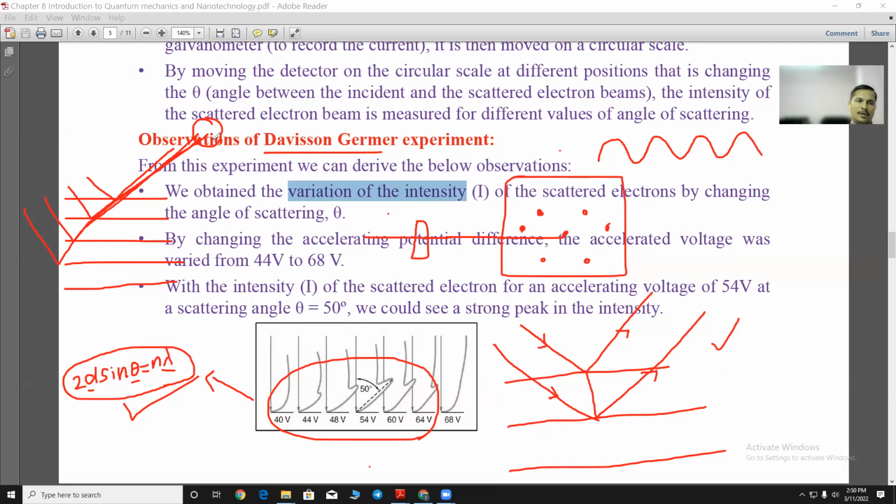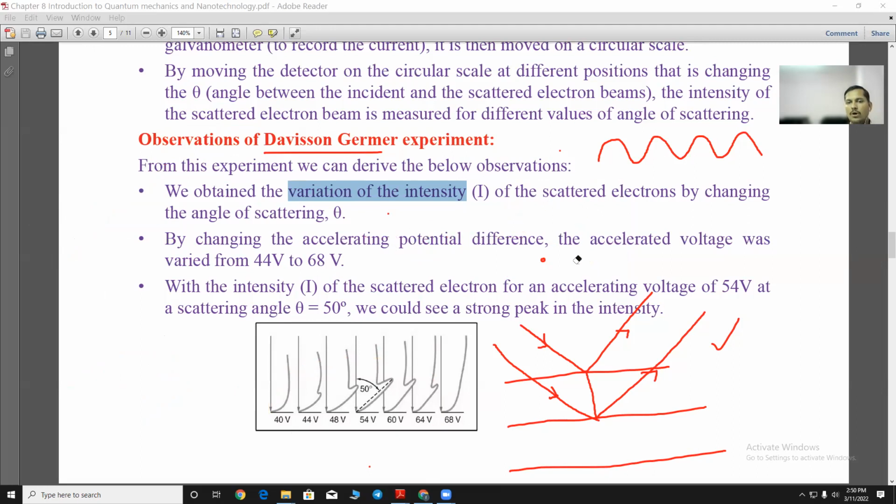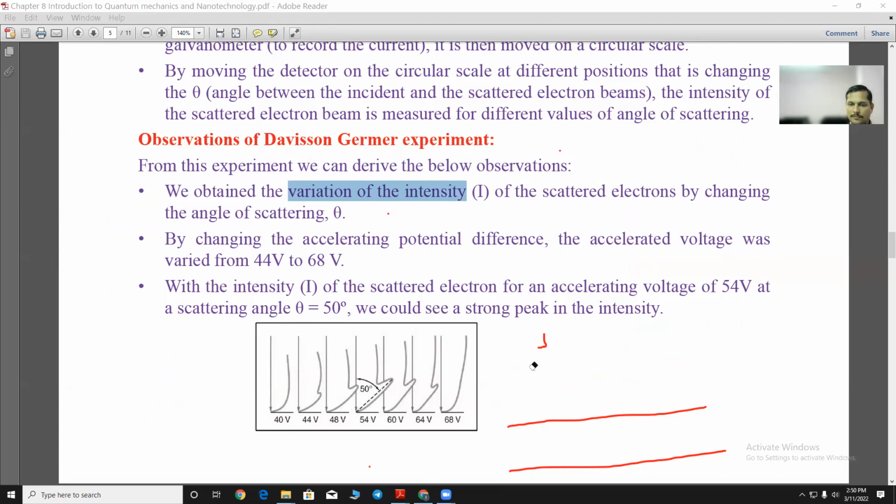Then only we are getting this condition. म्हणजे हे जे स्पॉट मिळतात, तसंच इथं सुद्धा जेव्हा ती कंडिशन सॅटिस्फाय होते तेव्हाच आपल्याला इंटेन्स पीक इथं मिळतं. त्यामुळं हे आणि हे जे आहे ते आपण इथं लिंक केलं. And that scientists have linked and proved how this Davisson Germer experiment successfully explains the matter wave or the nature of particle as matter wave. Is it clear? Okay.